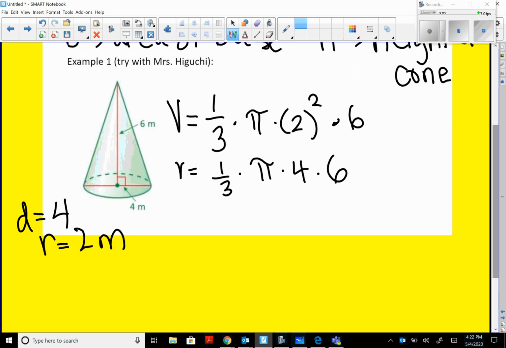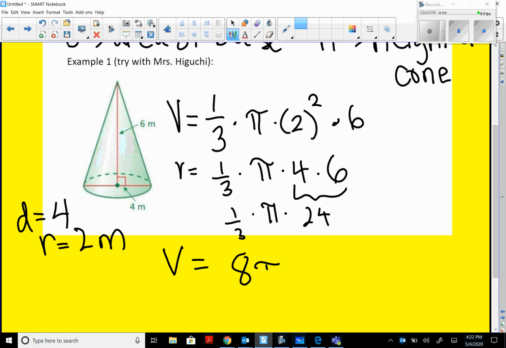So let's start with 4 times 6, which is 24. And then let's multiply 24 times 1/3. 24 times 1/3 is the same thing as 24 divided by 3, which is 8. And then, of course, we have that pi symbol. So the exact volume of that cone is 8 pi cubic meters.